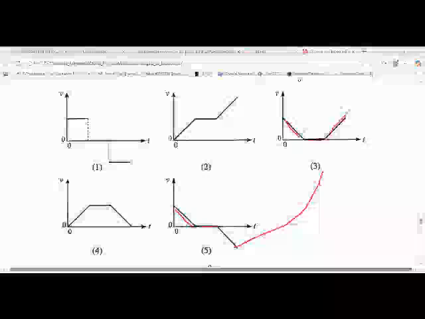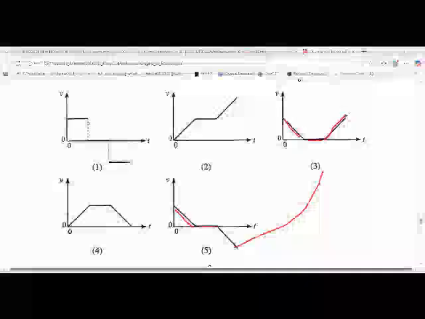This part represents acceleration. This is deceleration, but in the opposite direction. But a displacement time graph does not represent opposite motion. It is moving in the same direction.